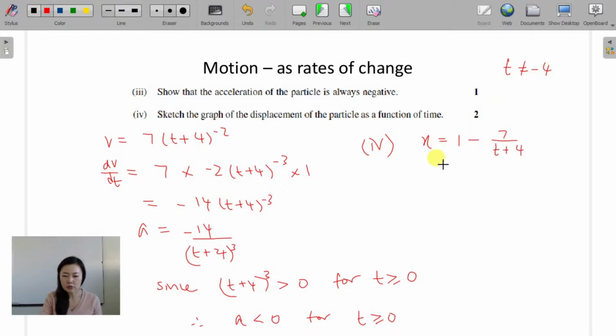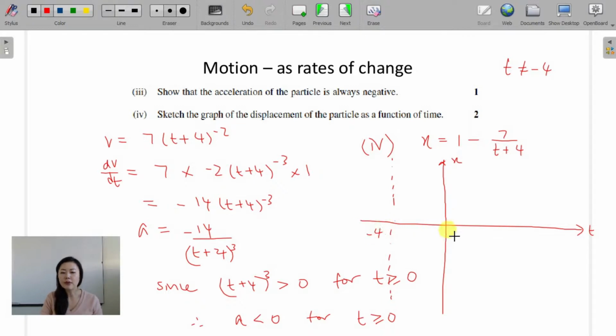So if I was to draw this thing, there should be a vertical asymptote at -4, but not that we're going to draw all the way there, right? I just want to comment on it first. And then the 1 means it got shifted up by 1, so there is a horizontal asymptote at 1.